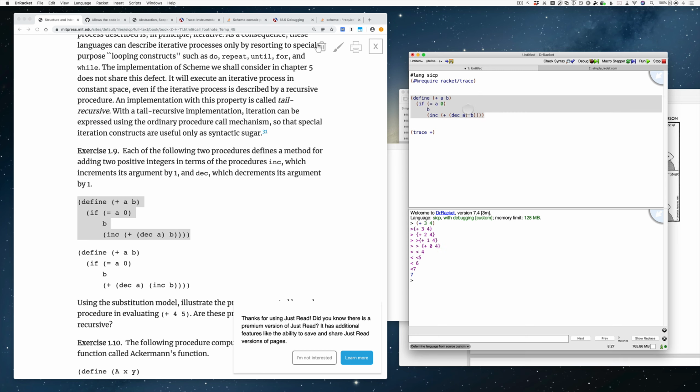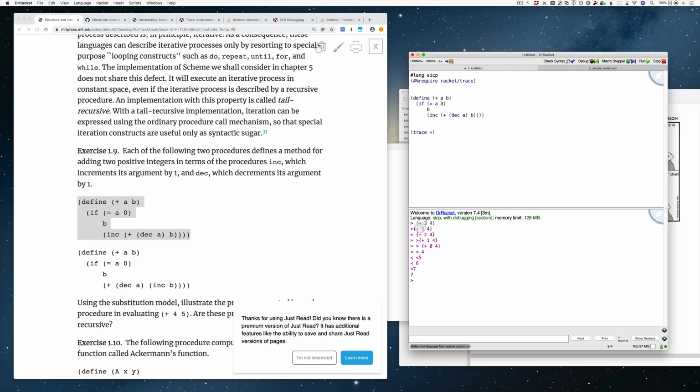And then it'll get incremented up by 1, because that's what the increment procedure does that we're importing from the SICP language library. So we go from 4 to 5, but we did a couple of recursive calls to plus, so we're a couple of layers deep.